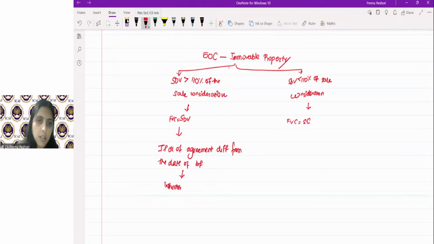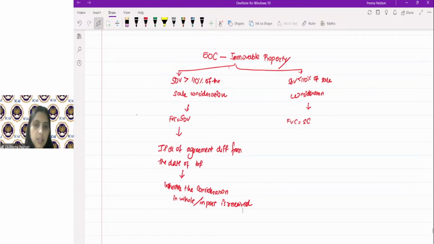Whether the consideration in whole or in part is received on or before the date of the agreement.